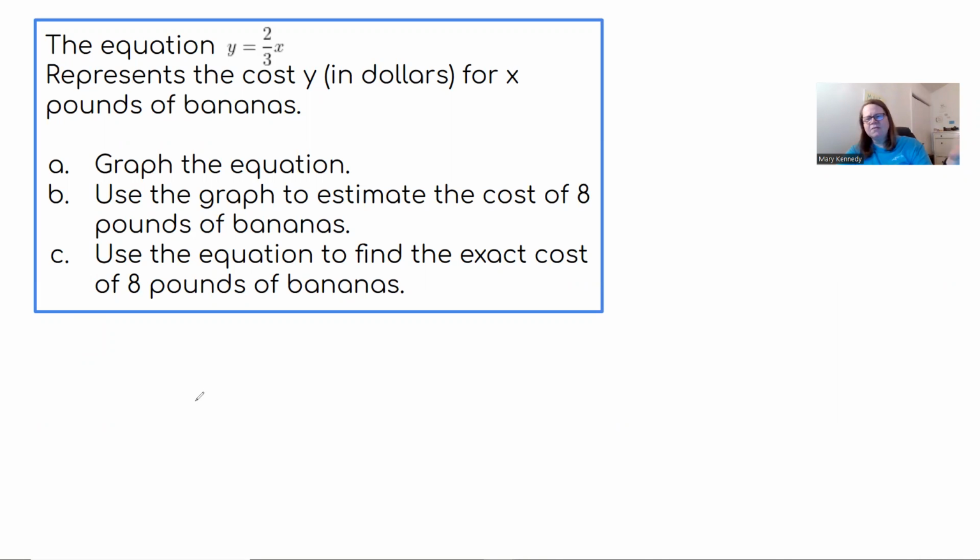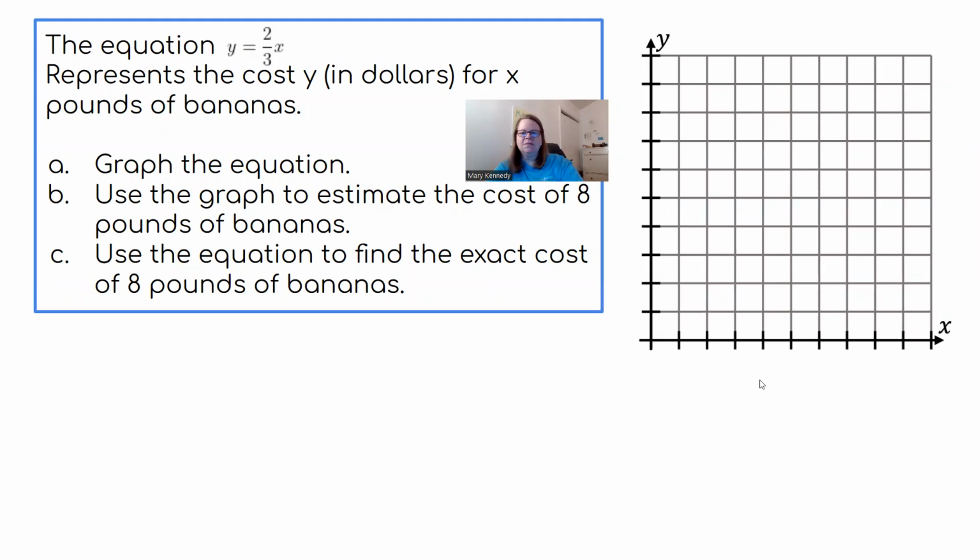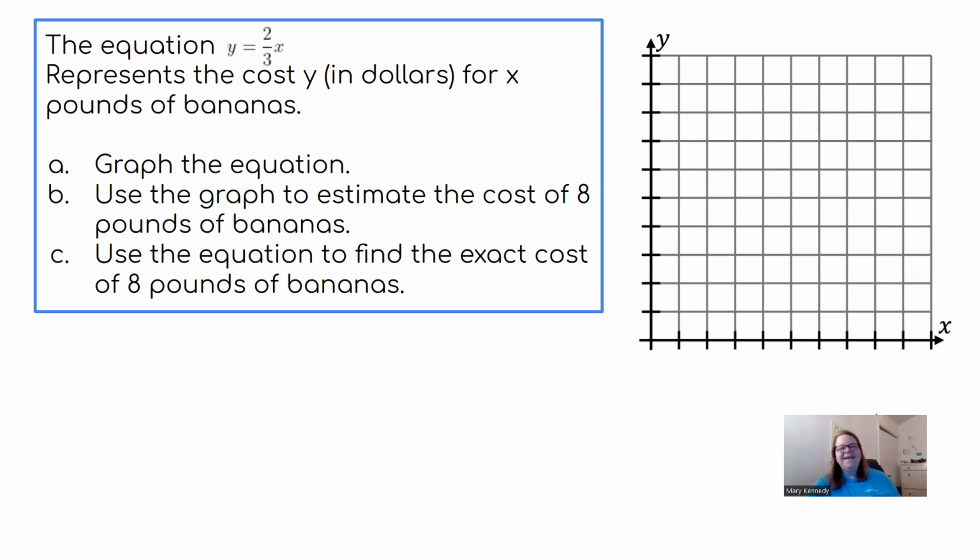Sometimes you can have negatives with money, of course, and I suppose you could with weight, depending on the type of question. But in this question, we're only going to have positive values. And so we only need that first quadrant. That's our first quadrant, all positive numbers as we graph this equation.